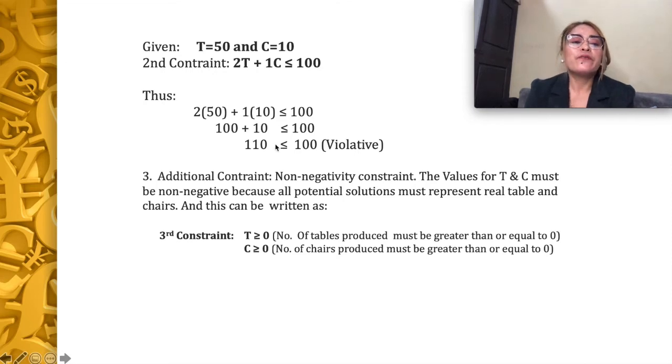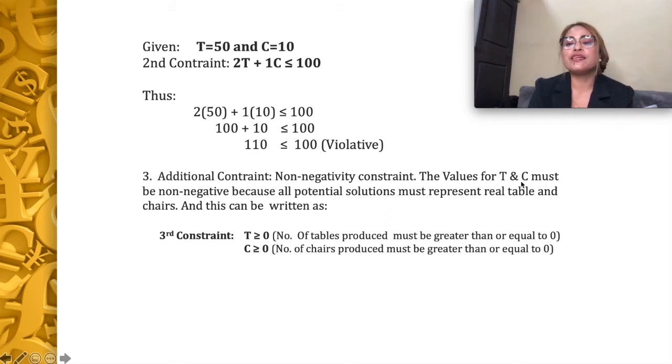Okay, so third, there is a presence of a third constraint because, like I said earlier, there is a non-negativity assumption. So the additional constraint is the non-negativity constraint.